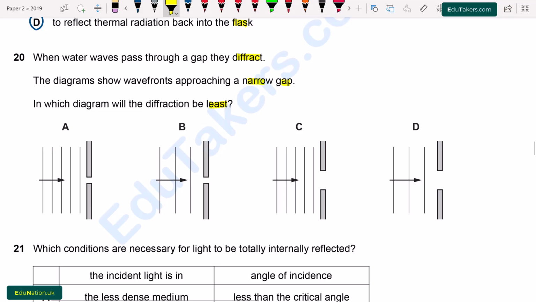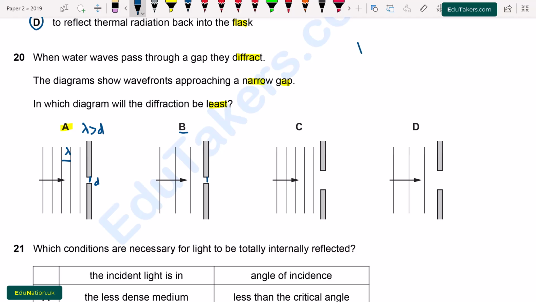In option A, we see the wavefronts shown here. The distance between the wavefronts is basically equal to the wavelength, and this is the spacing between the barrier walls. Here the wavelength is larger as compared to the spacing. When the wavelength is larger as compared to the separation, then there will be larger diffraction.